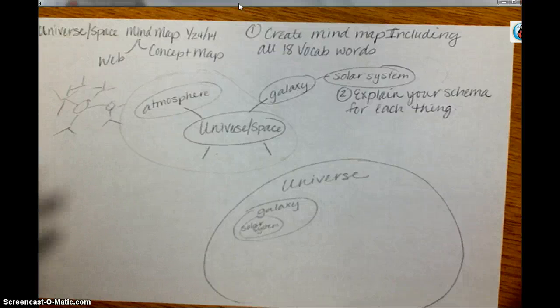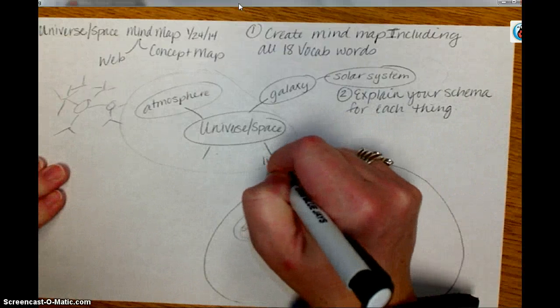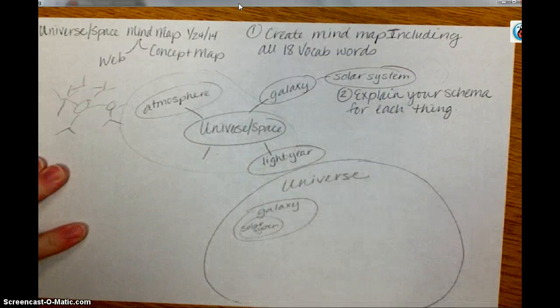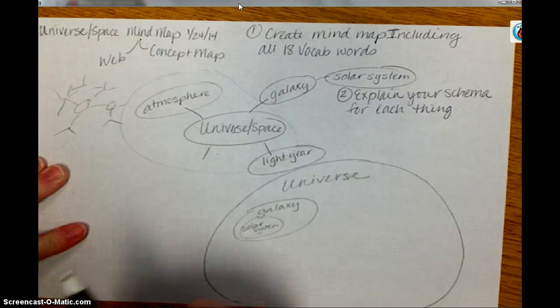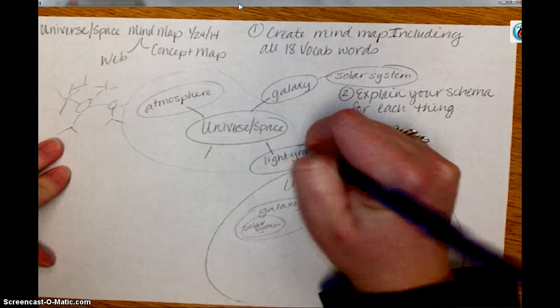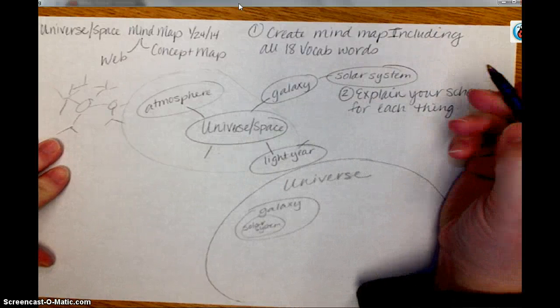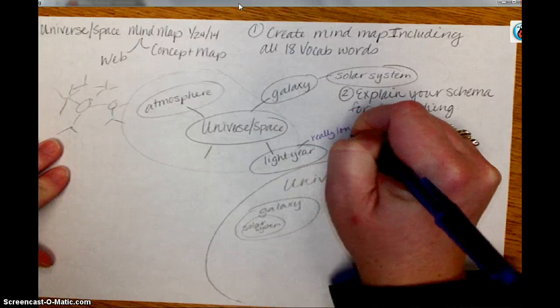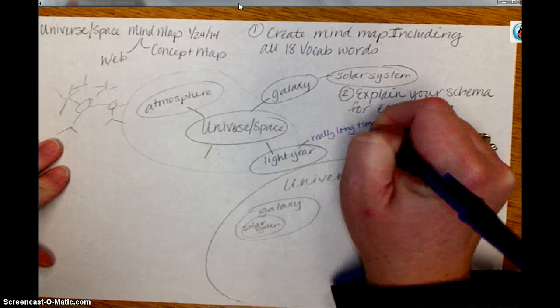So, for example, one of the things that we talk about is a light year. I know that a light year has something to do with the universe and space. What I'm going to do for this part right here, when I'm explaining my schema, I'm just going to jot down some stuff that I think of. So when I think of light year, I think of really long time.